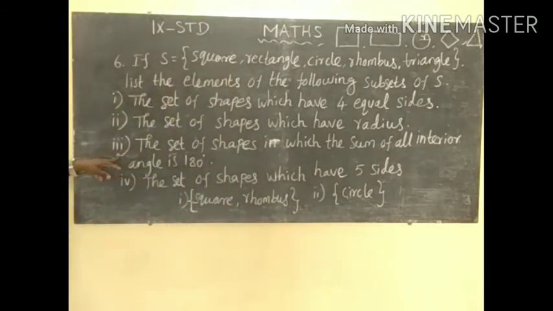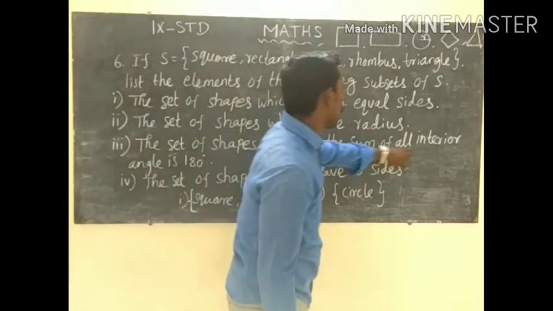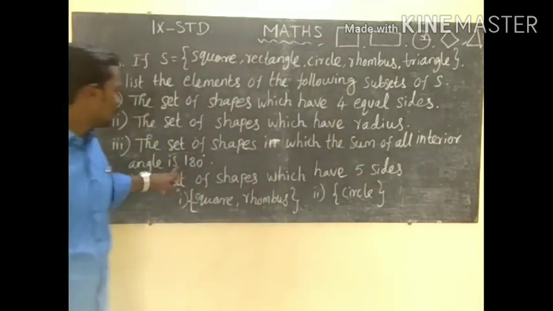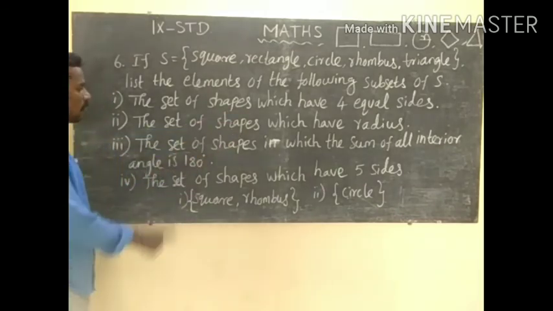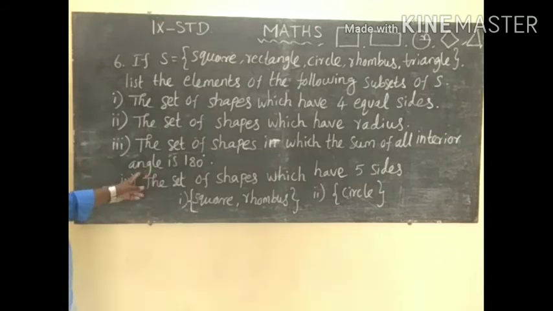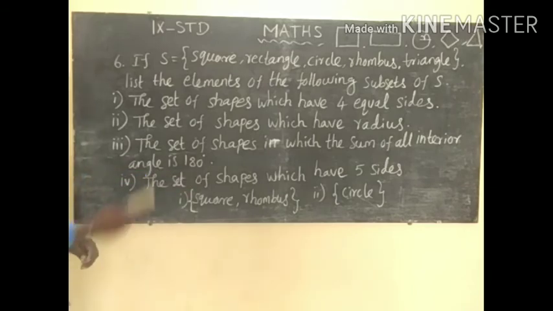The third one: the set of shapes in which the sum of all interior angles is 180. The sum of all interior angles is 180. This is one of the properties of a triangle: the sum of the 3 interior angles is 180 degrees.